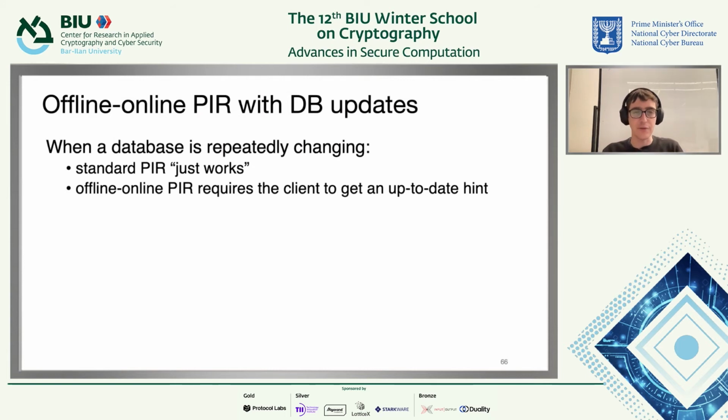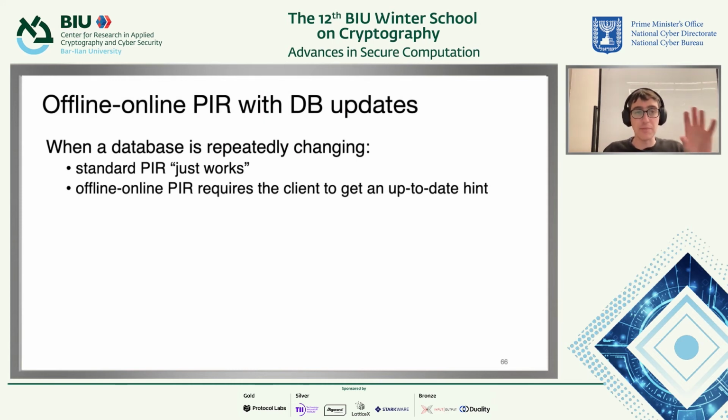If you have standard PIR and you want to change the database, everything just works, in the sense that there's no persistent state on either the client or the server. The server just holds the database in its original form. So if you need to change the database, no problem. The server changes the database, and the next time a query comes in, it just uses the latest copy of the database to answer the query. So no real special attention is needed.